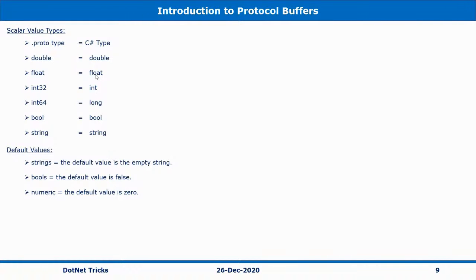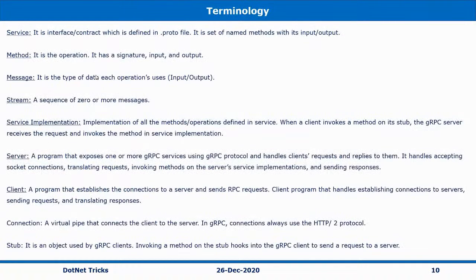So double and float are the same, and int32 comes as int in C sharp, and int64 is long, and bool and string. The default value for string, bools, and numerics: string means it's an empty string, bool is always false, and all the numeric values will default to 0 if you don't assign any value.